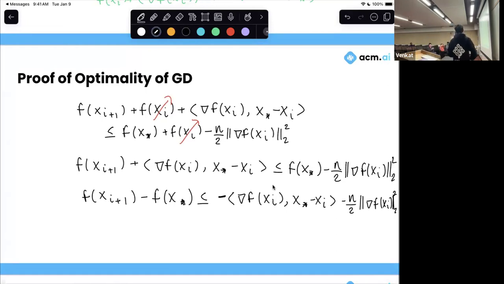In the 1D case, if x star and xi are both scalar, how can we make sure? We want this term to be more negative than this term. So basically, what we're trying to say is that this should be a very negative value. The gradient should be. But that depends on whether the second one is.